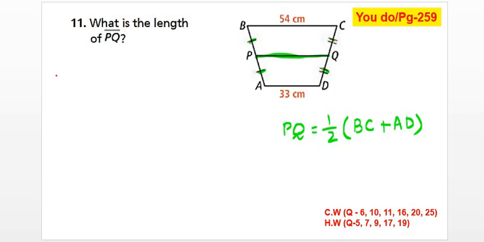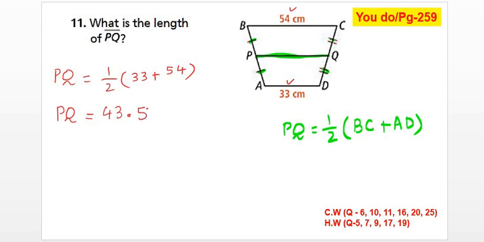So PQ will be equal to half of this line segment, that is 33, and this line segment, that is 54. You will solve it on the calculator and it becomes 43.5. What is the unit? Centimeters. So it will be 43.5 centimeters. Is that clear? Okay, next question.